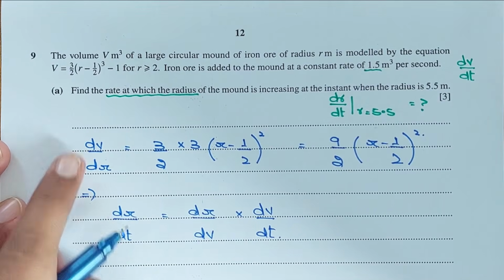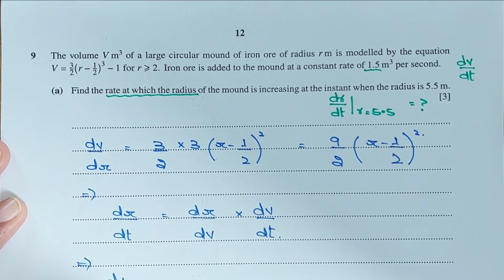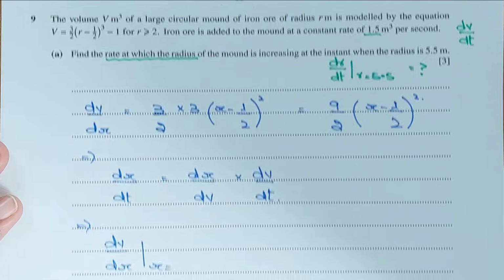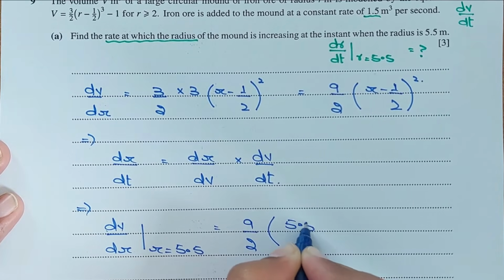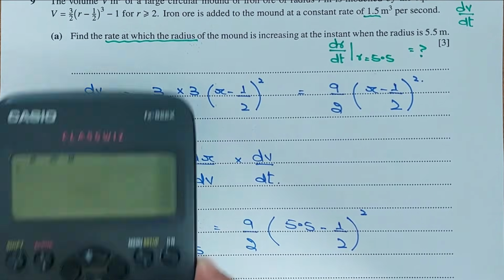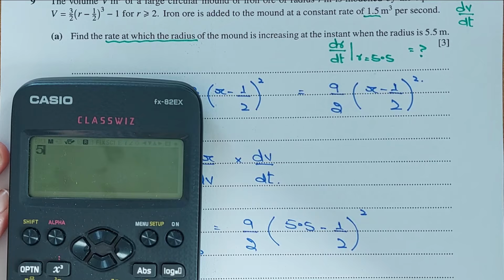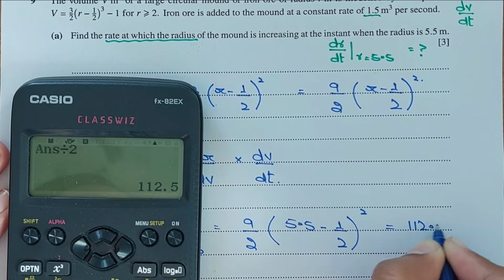So we have dV over dr. Let me find dV over dr at r equals 5.5 meters: 9 by 2 into (5.5 minus 1 by 2) whole squared. Let me simplify. 5.5 minus 0.5, squared, times 9 divided by 2, equals 112.5.